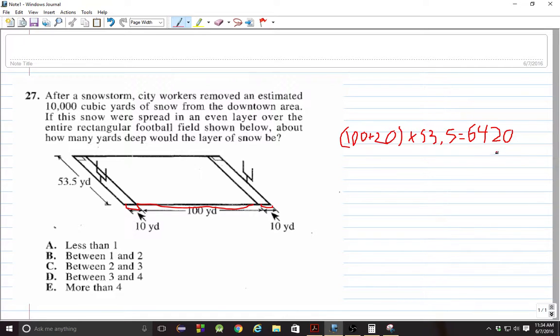And then what we want to do is divide 10,000 cubic yards by 6,420.